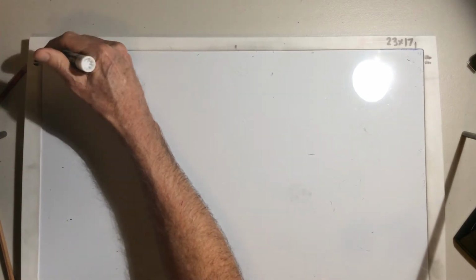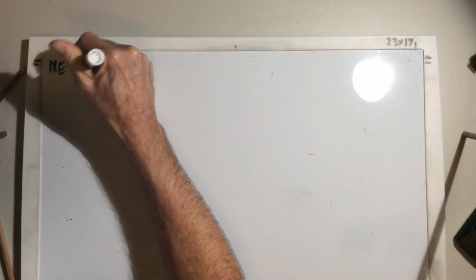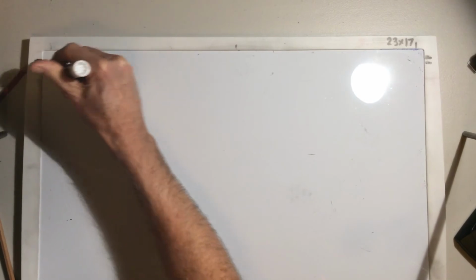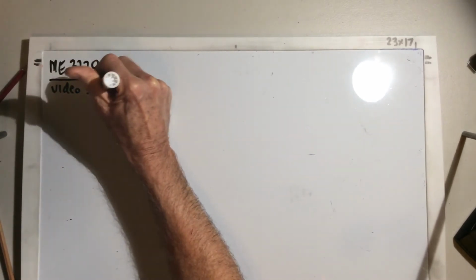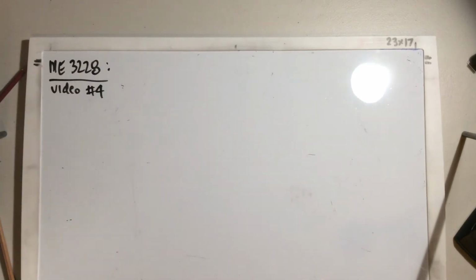All right, so let's look at this. Again, this is ME 3228, and this is still video number 4. Okay. And so what we're going to look at here is the standard ASTM tests for determining strength of metals.